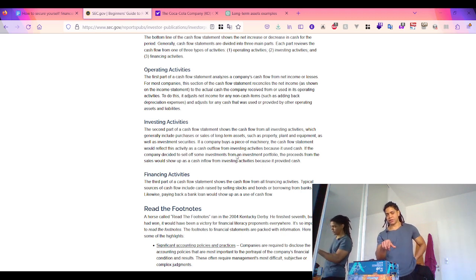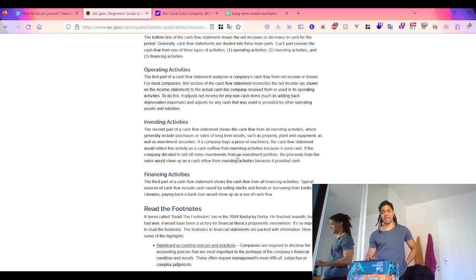However, if a company decides to sell some investment in its portfolio, this activity is registered as a cash inflow, because money was received from this activity.